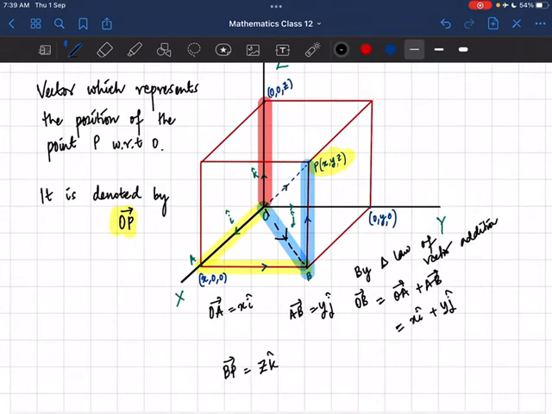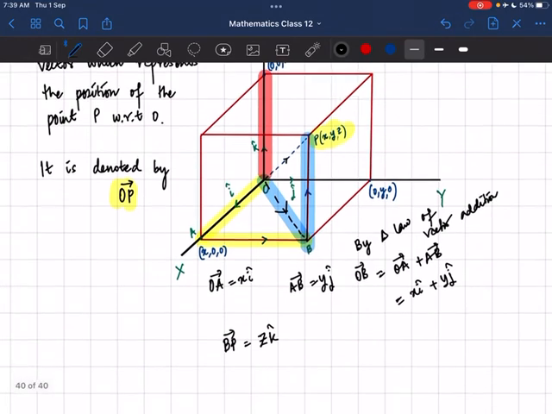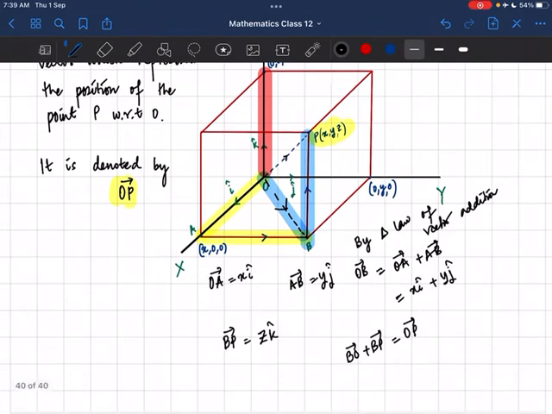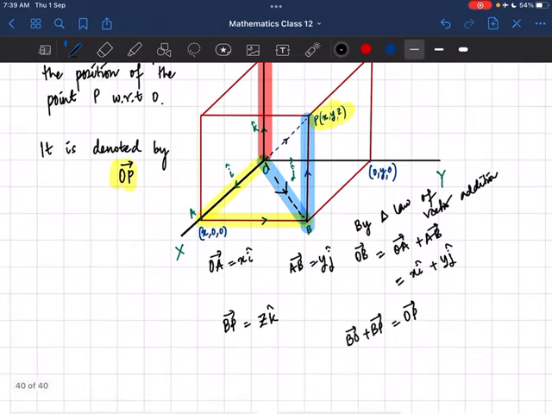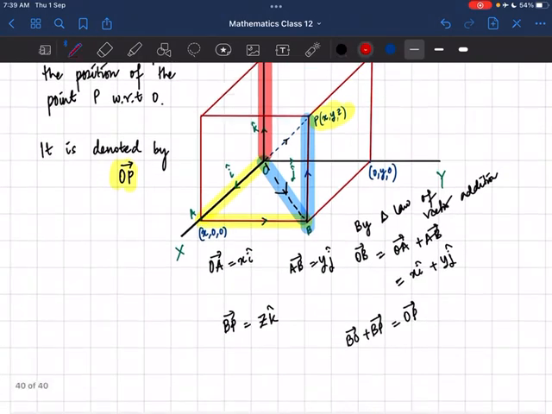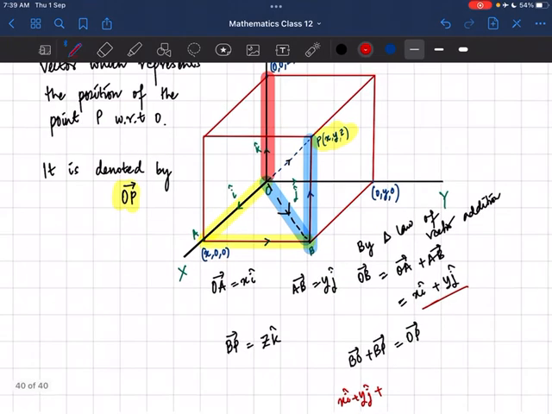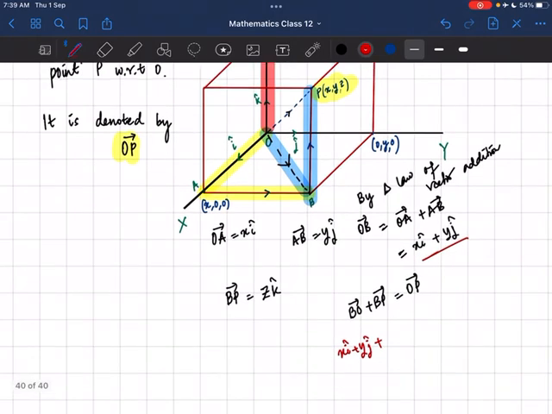Once we get BP vector, again we apply the triangle law of vector addition, and we do OB vector plus BP vector, and that gives us OP vector. So OB vector is how much? We already found out from here, that is x i cap plus y j cap, and BP vector is nothing but z k cap, which is equal to OP vector.